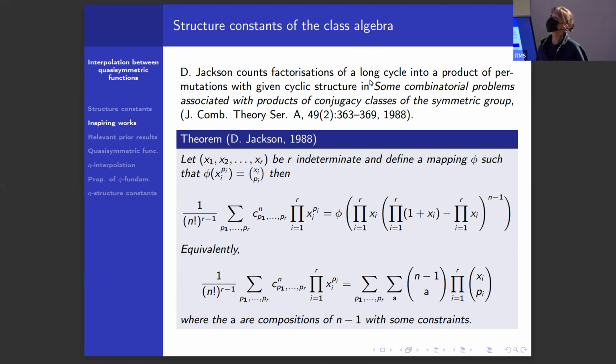Many of my works were inspired by this formula, but I should admit that I had a hard time understanding this formula in the original paper. But fortunately, back then, John Irving was very helpful in getting the formula on the first line here. So I started with this version.